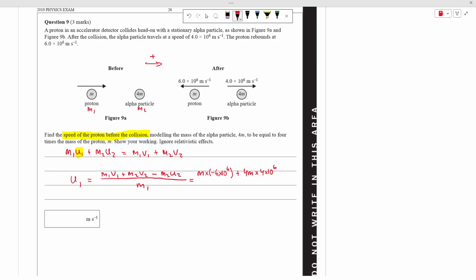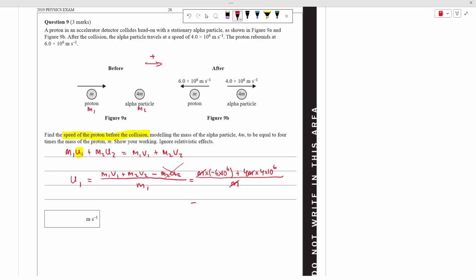And m2 u2, well, u2 is the speed of the alpha particle before collision, so it's not moving, so that term disappears. Then we divide everything by m1, the mass of the proton, which is just m. That's handy, because now that m cancels, so it doesn't actually depend on the actual mass.